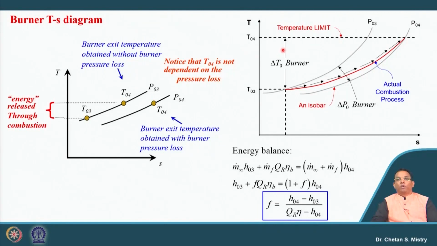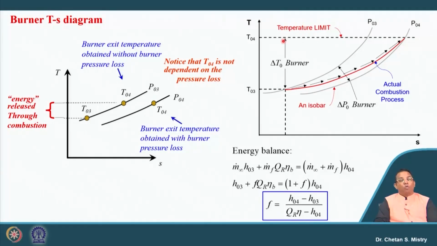So, here this represents my actual condition and your ideal condition, and these lines represent the isobar lines. Okay. And here this is my temperature limit. Now, let me put the point here. The question may arise in mind: we will add more fuel, let more burning happen, it will generate higher temperature, and that will increase my entry temperature for the turbine.